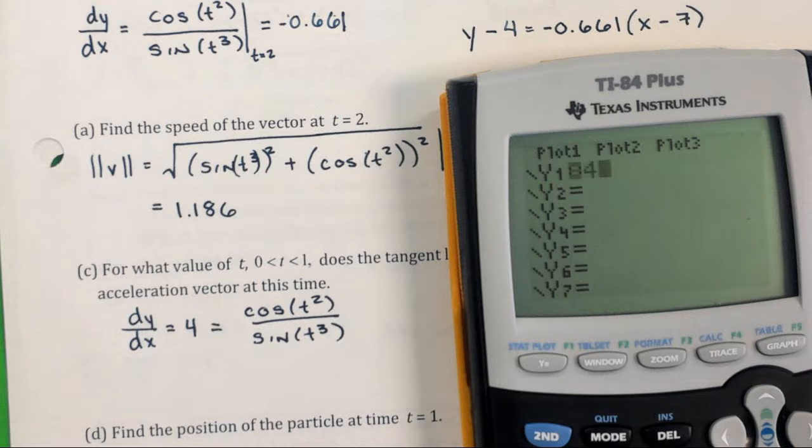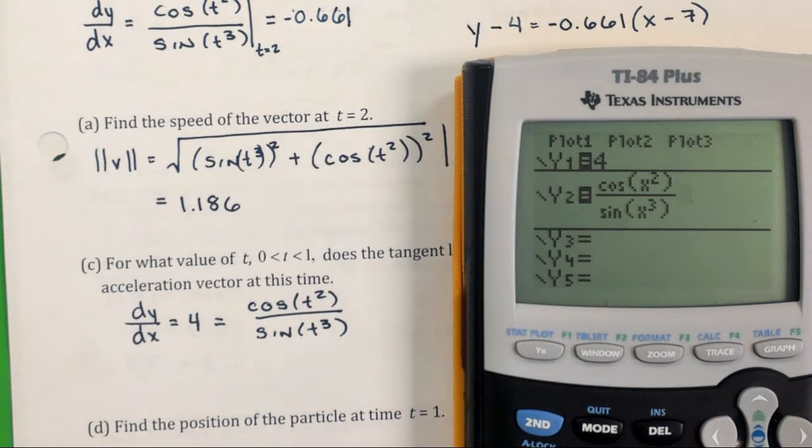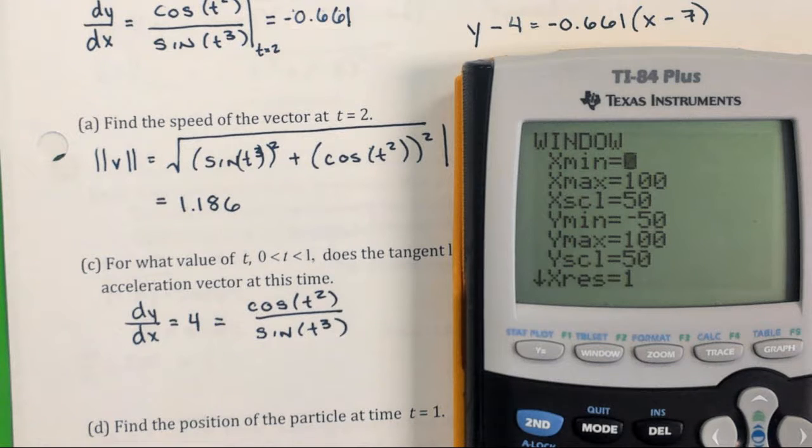So 4 and 1 doesn't matter, and then cosine of x squared over sine of x cubed. And then window 0 to 1.